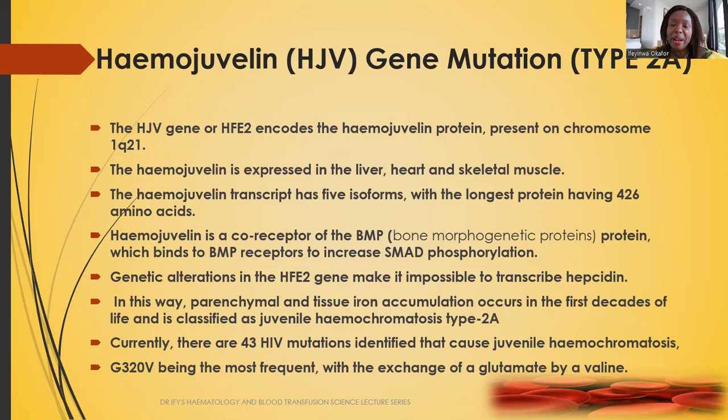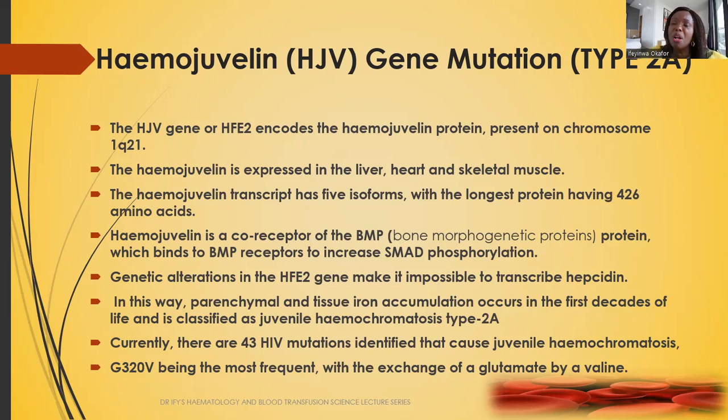In this way, parenchymal and tissue iron accumulation occurs in the first decade of life and is classified as juvenile hemochromatosis type 2A. Currently, there are about 43 hemojuvelin gene mutations identified, and these can cause juvenile hemochromatosis.